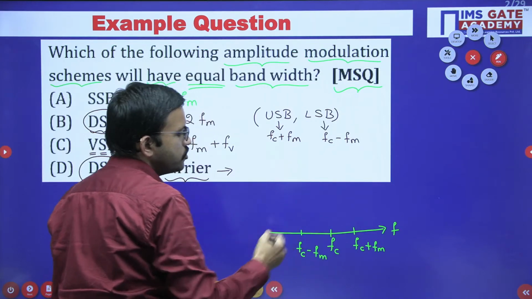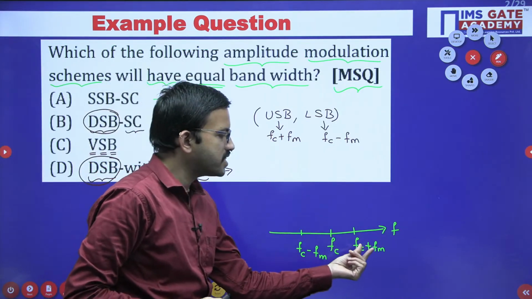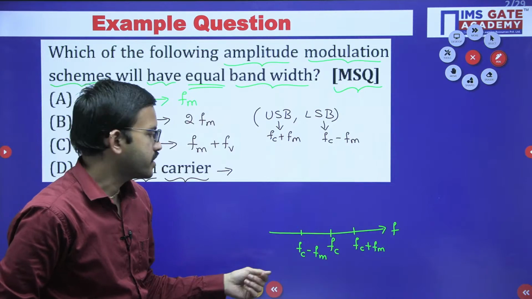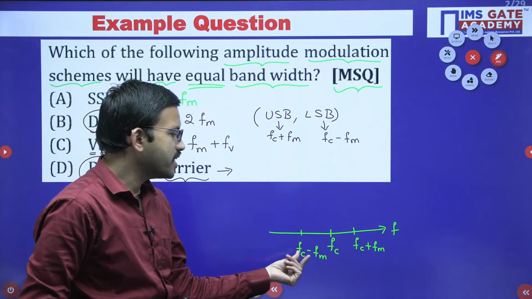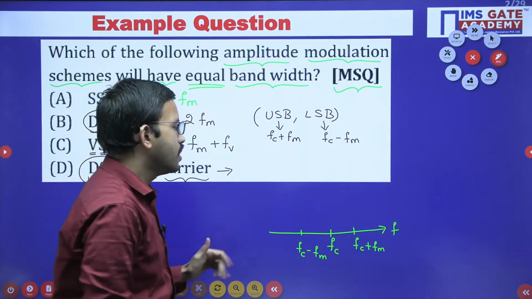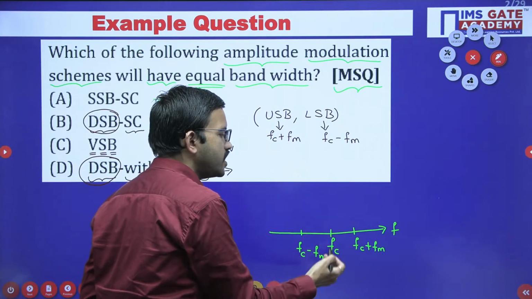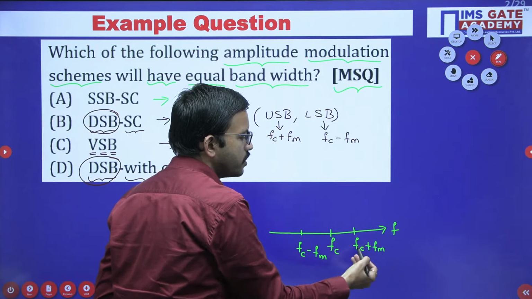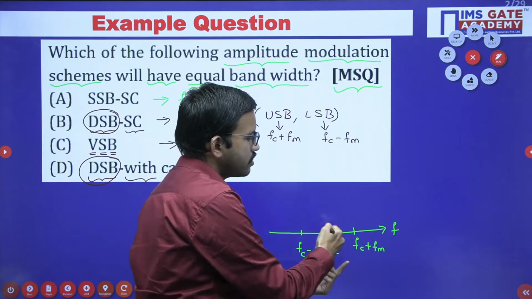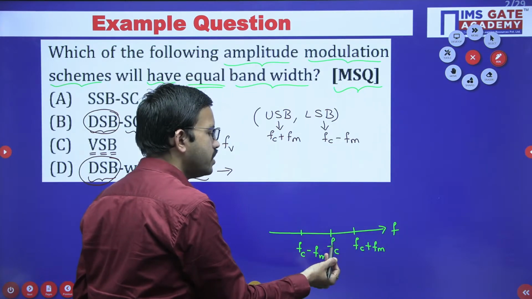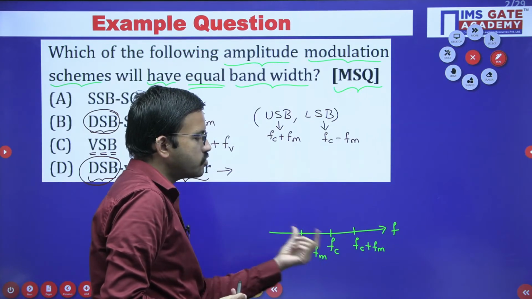Because when compared with FC, FC plus FM is greater, and FC minus FM is smaller. So on the normal frequency axis, you can represent it like this. The center frequency is FC, and greater than that you can represent towards the right-hand side, and similarly lower than that towards the left-hand side.